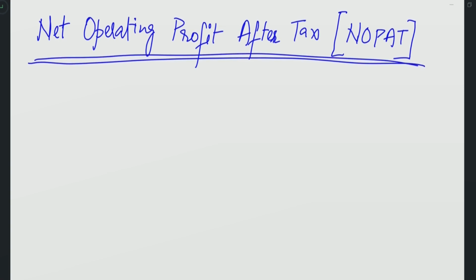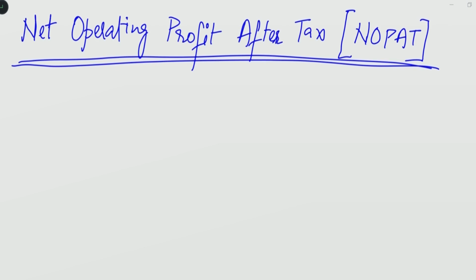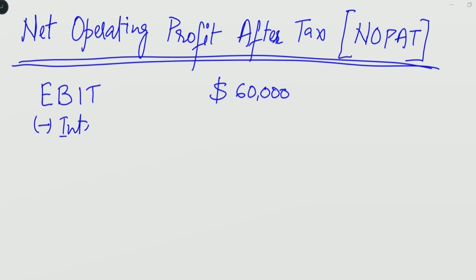Now, how do we compute net operating profit after tax? We start with EBIT, that is earnings before interest and tax. Let us assume that earnings before interest and tax, say it was $60,000, less interest.